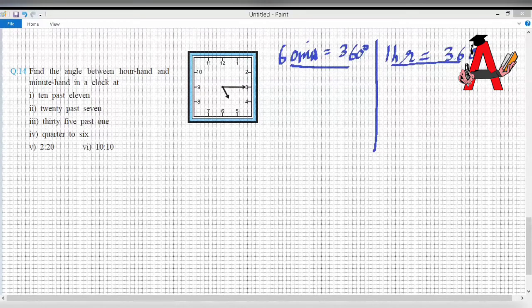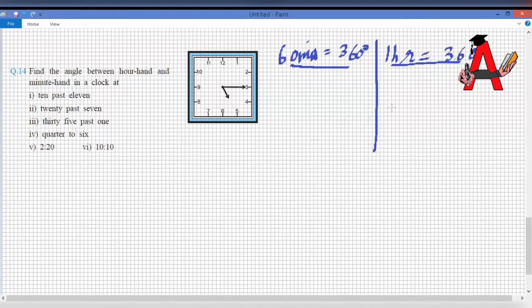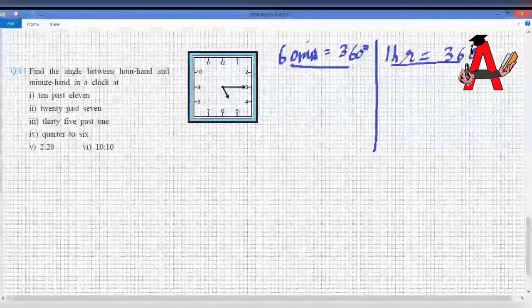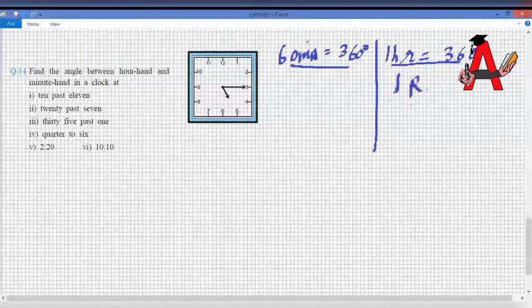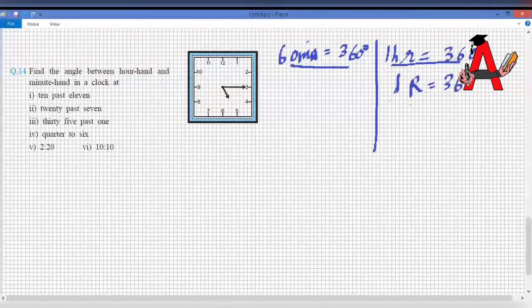So if I further explain, what we explained in the last class, 1 hour is equal to 360 degrees. Now one rotation for an hour clock, when it completes one rotation, it completes 360 degrees.